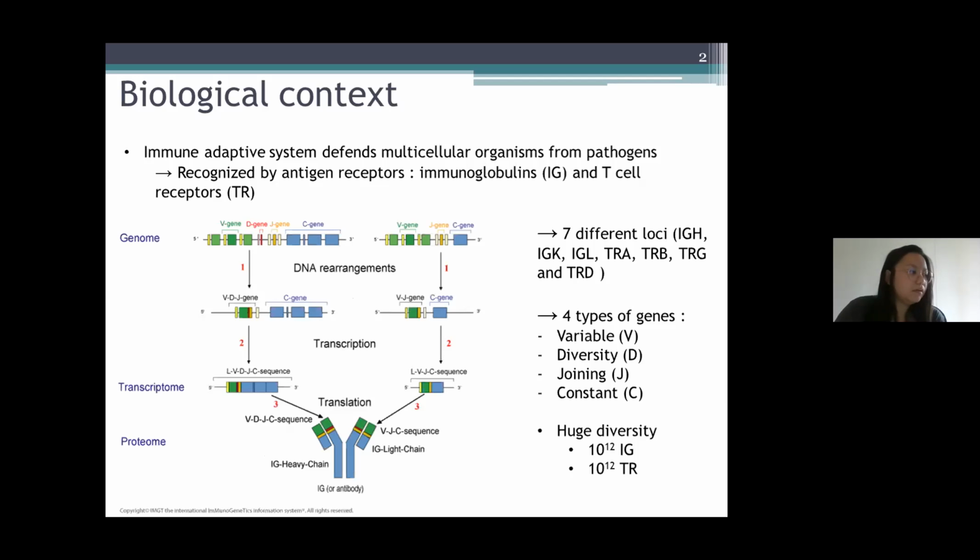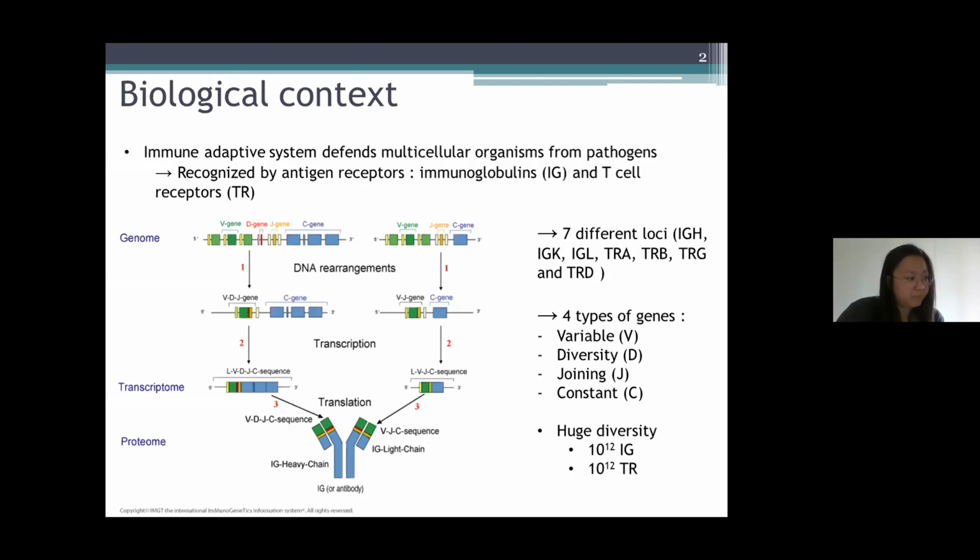Those loci comprise different gene types: variable genes, diversity genes, joining genes, and constant genes. The adaptive immune response is characterized by an extreme diversity of the specific antigen receptors. There are 10^12 different IG and 10^12 TR per individual in humans.